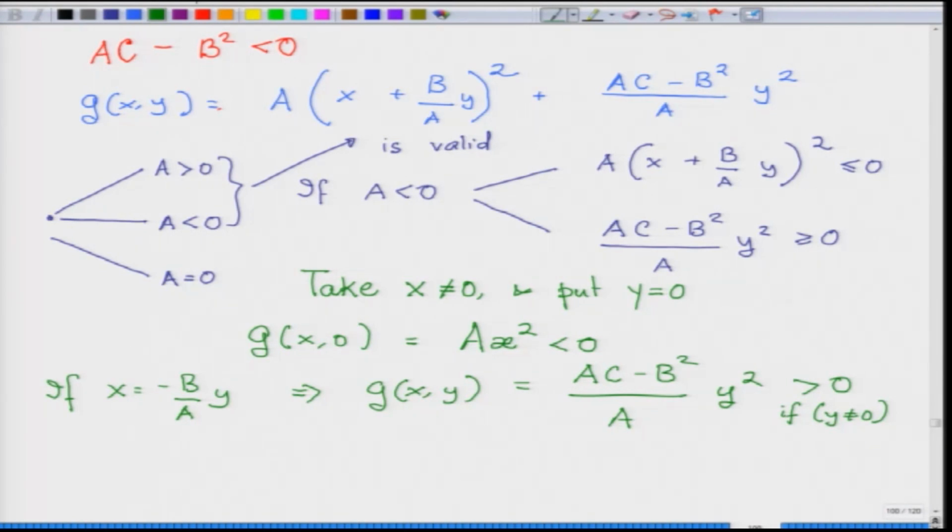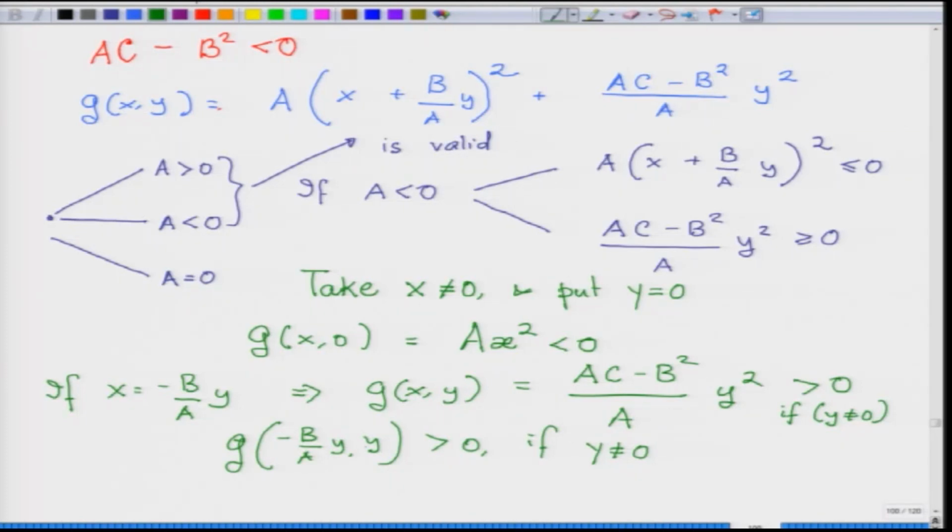So, here for any x 0 I will have this negative, and basically what I have shown here is that g of minus B by A y is strictly bigger than 0 if y is not equal to 0, when y is very near 0. So, for all y very near 0, this is exactly what you will have.